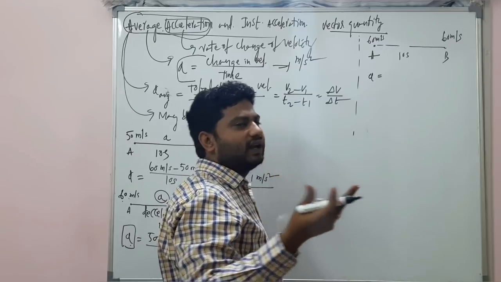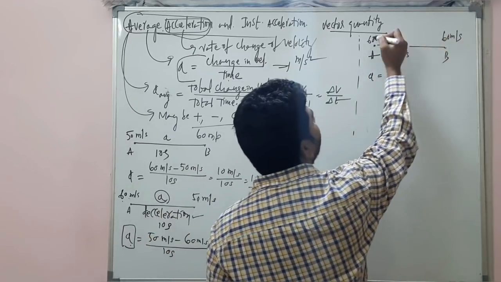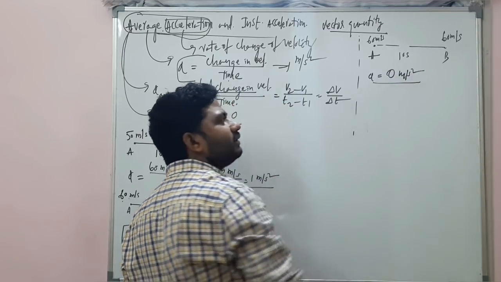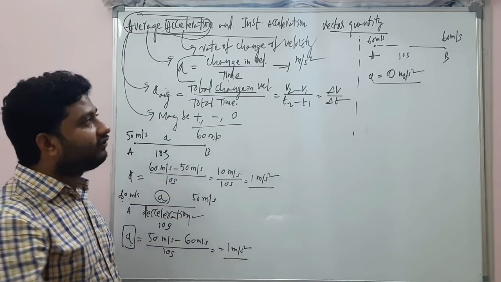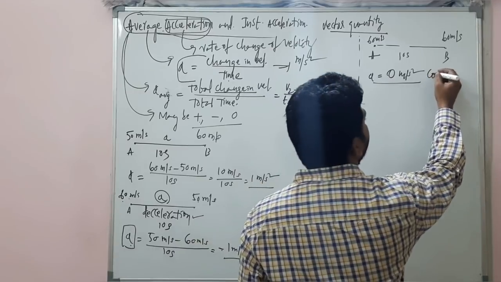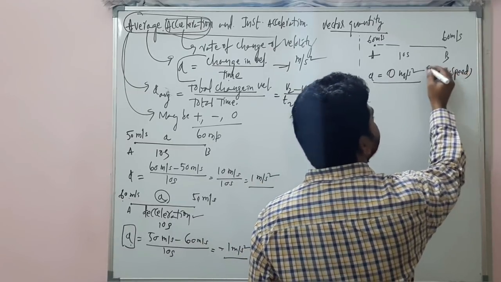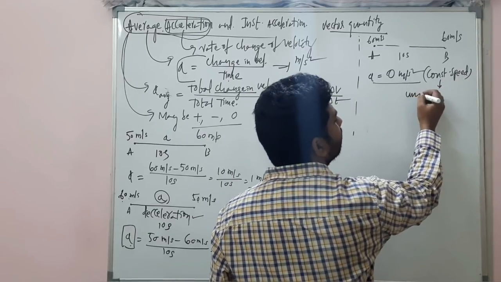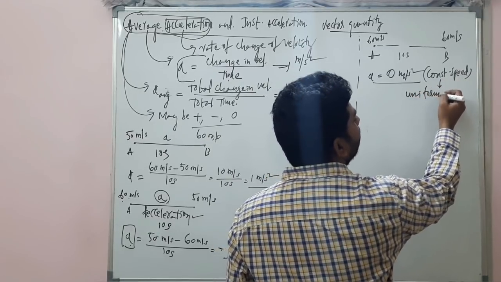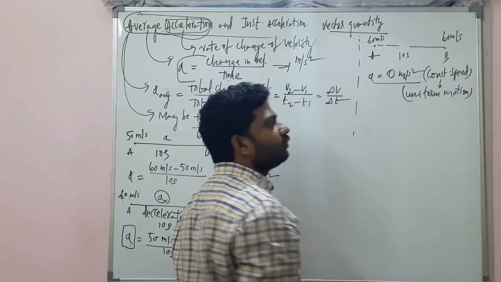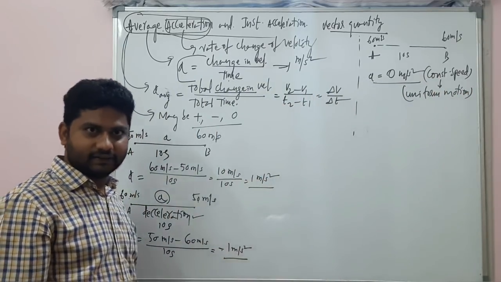Acceleration is change in velocity. So the numerator, 60 minus 60, is 0. Acceleration is 0 meter per second square. So if a body is moving with constant speed, or uniform speed, or uniform motion, the body is moving with 0 acceleration.